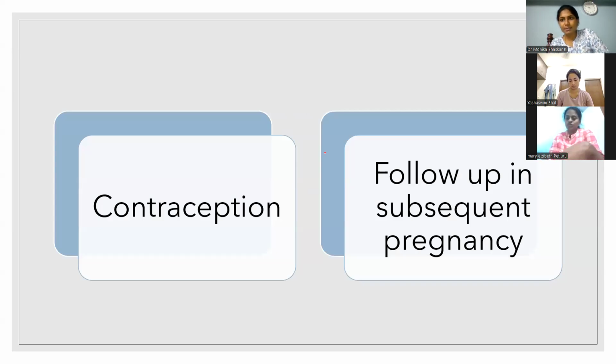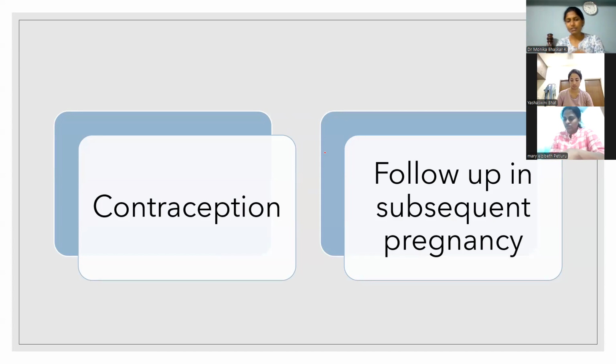Next, contraception. What is the most important contraception advice you have to give to the mother? Obviously, during the follow-up of beta HCG, you don't want her to become pregnant, because you will not know whether the rise is because of the new pregnancy or because of persistent trophoblastic disease or development of GTN. That is why you don't want her to become pregnant until the follow-up period is over.